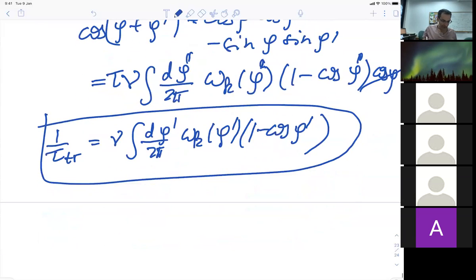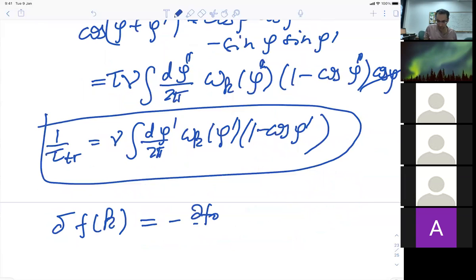So we found that delta f of k is equal to minus df0 over d epsilon cosine phi tau transport, when tau transport is given by this integral.